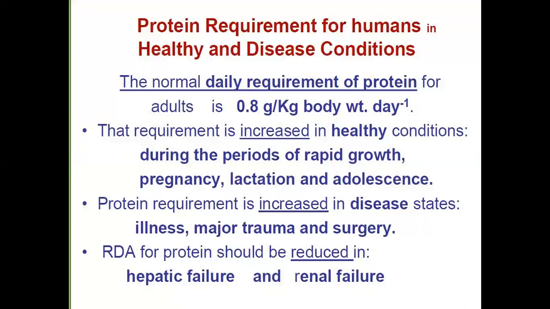Then coming to protein requirement in the body. The recommended dietary allowance of protein is approximately 0.8 grams per kg body weight per day. As you know, proteins are available to us from plant sources like legumes and pulses, and from animal meat.